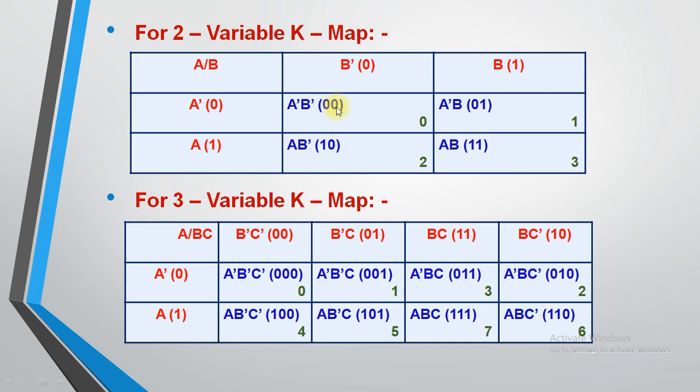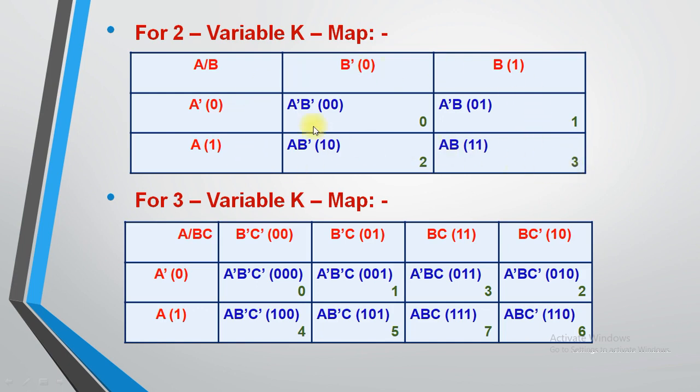That is the first value in the truth table. So 0 0 is represented in the 0th cell. 0 1 is the second value in the truth table, so that is represented in cell 1. The next value is 1 0, so I need to write 1 0 in cell number 2, and 1 1 I need to write in cell number 3.